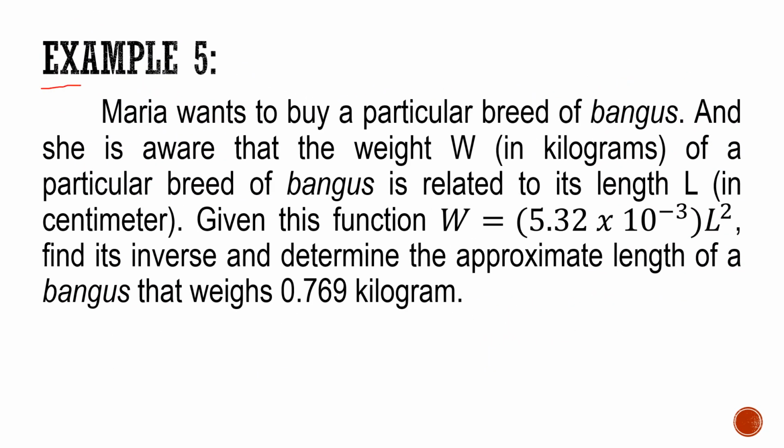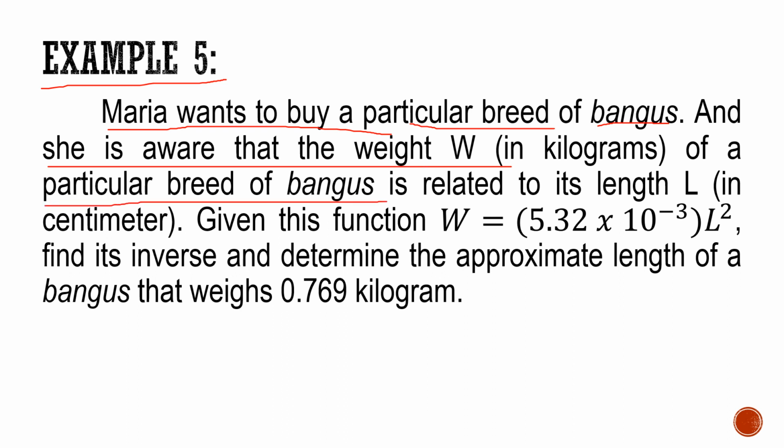So for example number 5, Maria wants to buy a particular breed of bangus, and she is aware that the weight in kilograms of a particular breed of bangus is related to its length in centimeters.